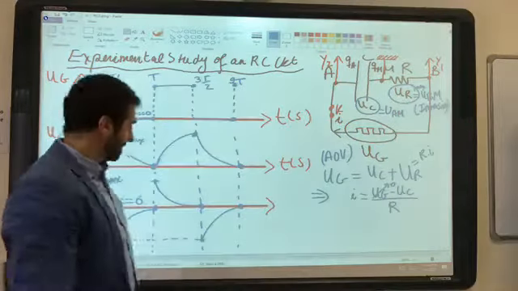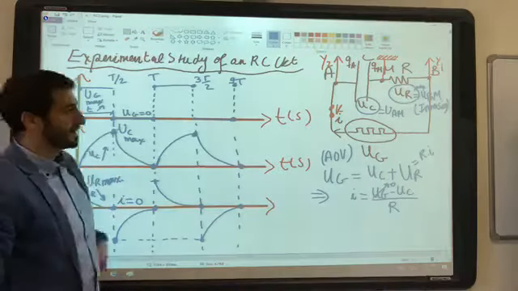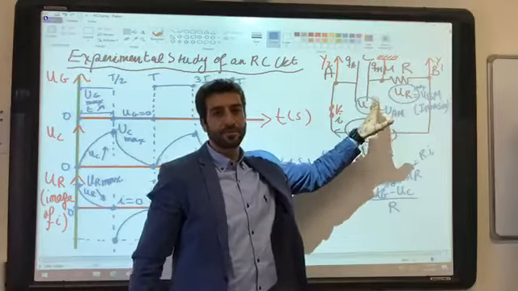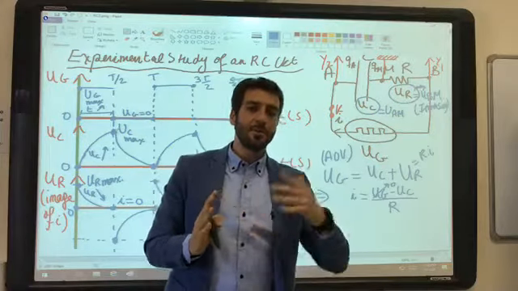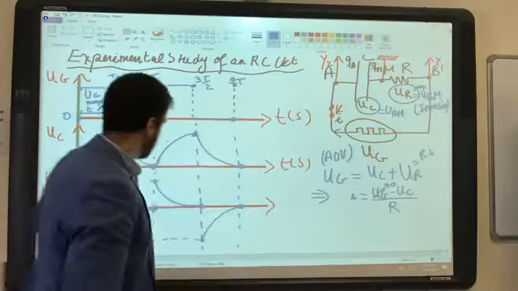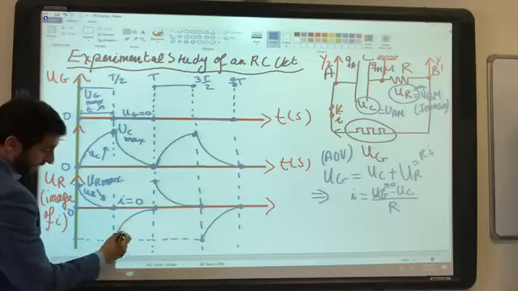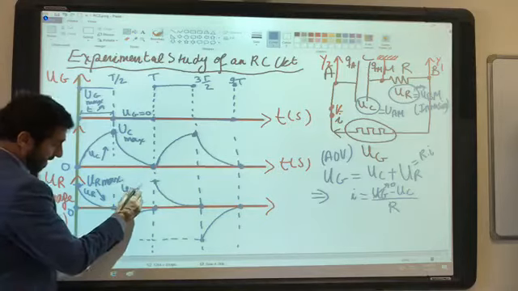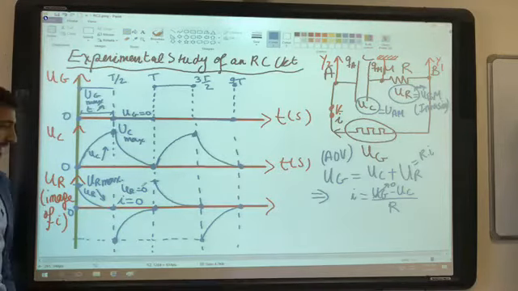I'm going to repeat the idea. Whenever the voltage of the capacitor is maximum, the capacitor stops the current from passing into the circuit. That's what it means. So I have UC maximum, I 0, and U of R is 0, because U of R is the image of I, and so forth.